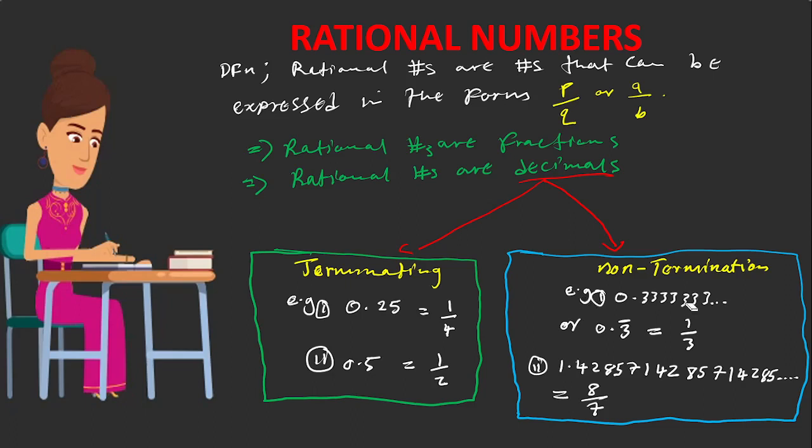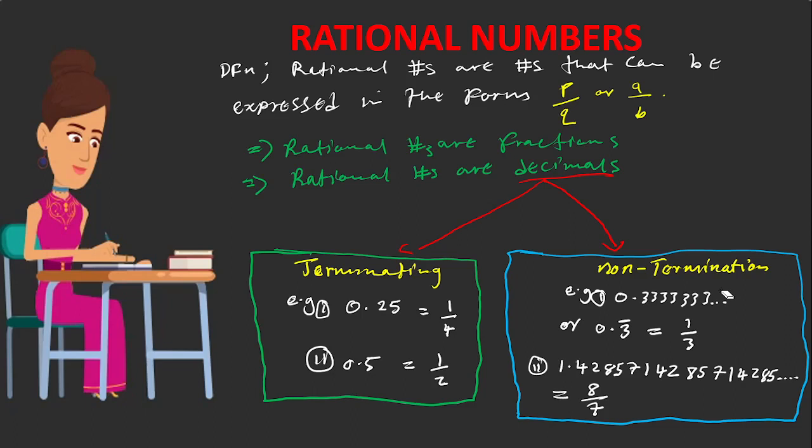0.333333. Then I've put ... This is telling me that 3 is repeating itself. So instead of me writing 0.33333333, I'm just going to say 0.3 bar.